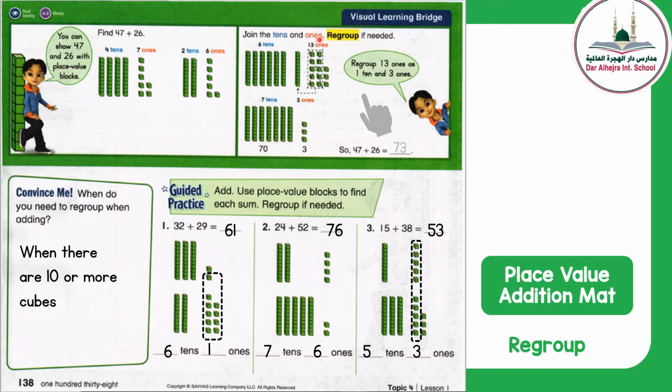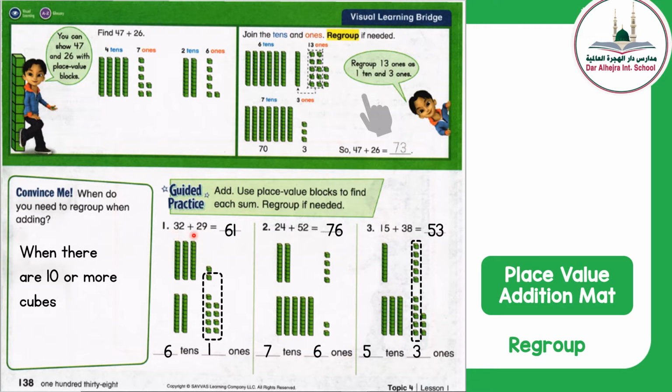Let's practice this regrouping rule with some of the equations. Using our models, we can regroup them, but keep in mind we need to regroup only when the total of the 1 cubes comes up to 10 or more than 10. Only then we need to regroup them.